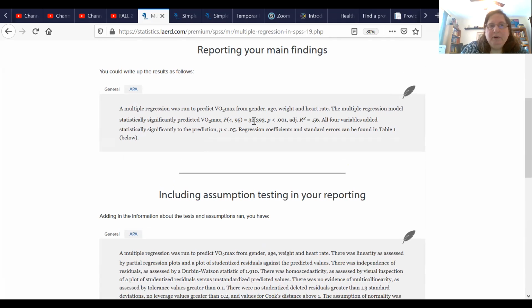Here's our F, remember from before. Now they only report the R squared here. I would like you to report the adjusted R squared too, and I'll tell you why in a second. Okay. All 4 variables added statistically significantly to the prediction, p less than 0.05. Regression coefficients and standard errors can be found in table 1.